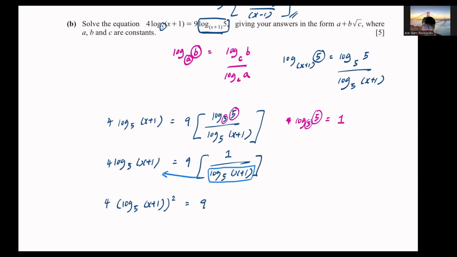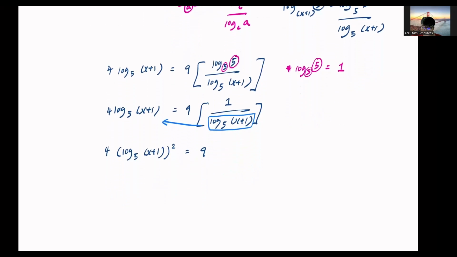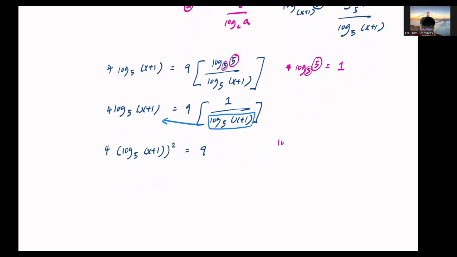For these questions, be reminded that log a of b, squared, is not equal to (log a of b) squared. With the latter, the power of 2 doesn't belong to b.